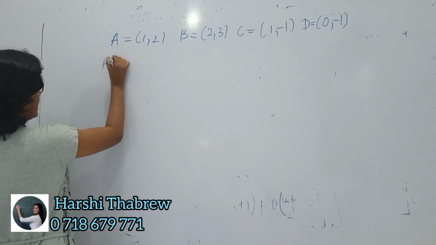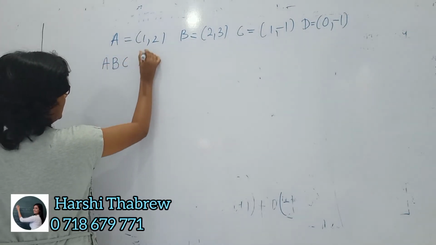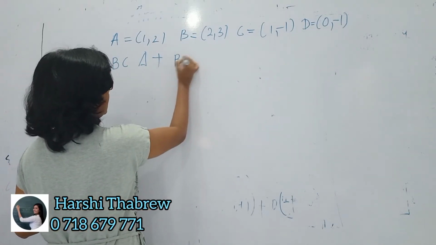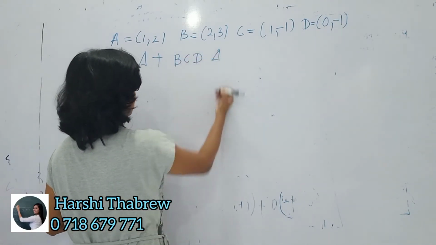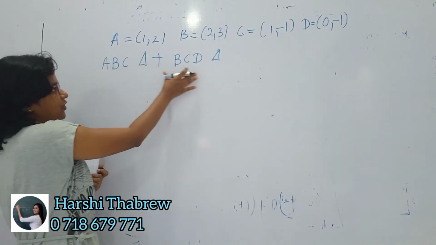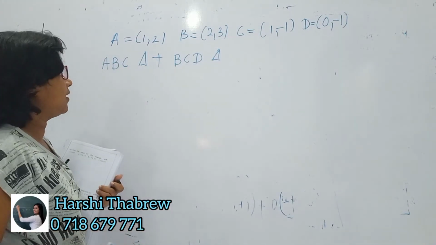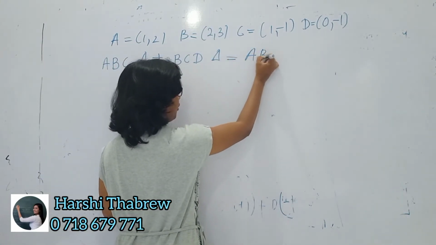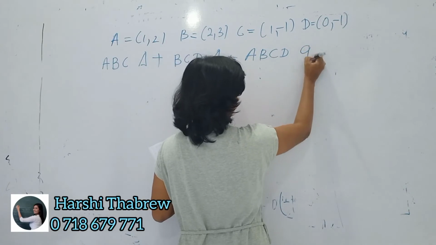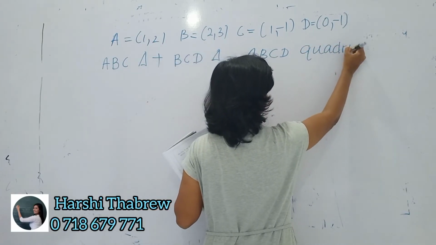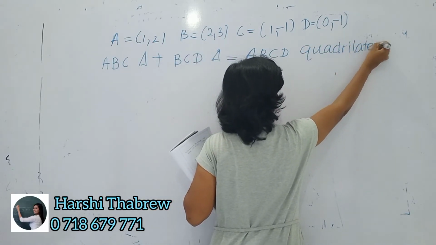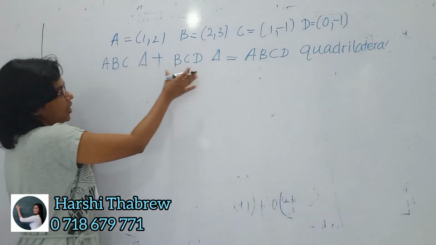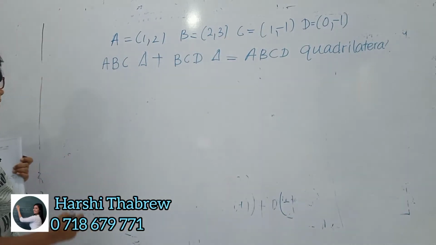Then ABC is a separate triangle and BCD is another triangle. When we get the area of these two triangles separately and when we get the sum, we will be able to get the area of ABCD quadrilateral. Right? Area of ABC and area of BCD.